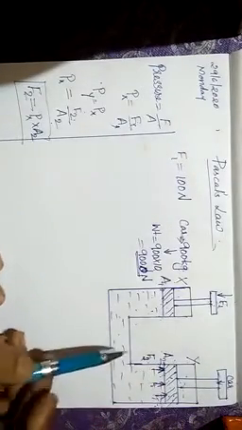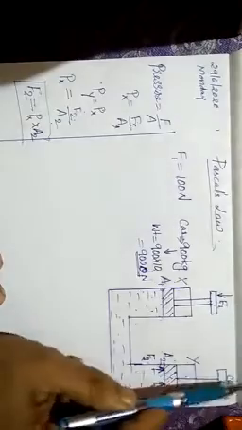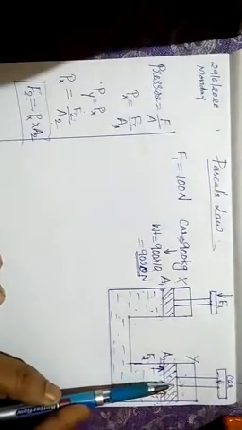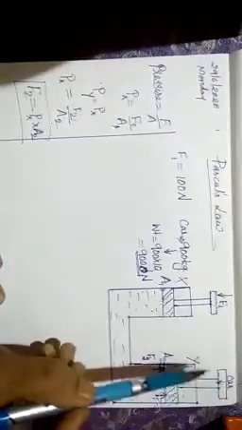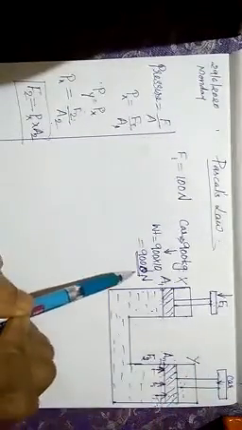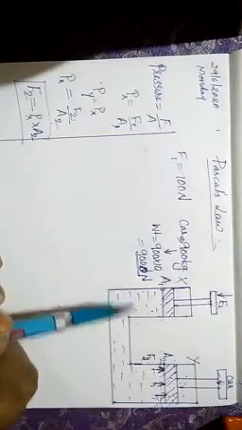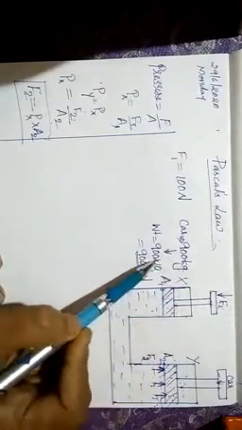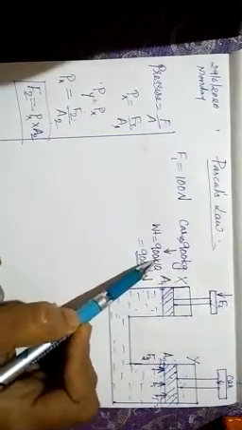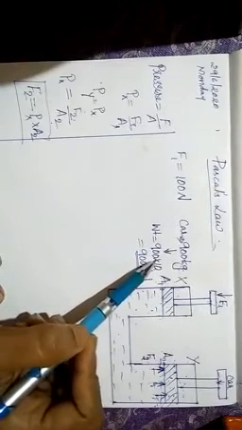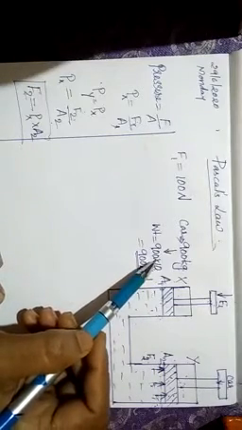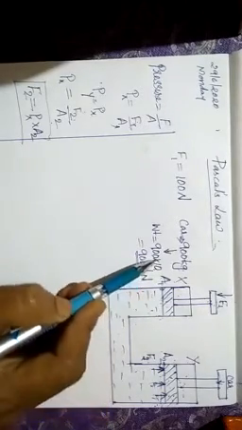Now we know that if an object applies a downward force, then to move it in the upward direction we have to apply a force greater than its weight. To lift an object, we have to apply a force greater than its weight.